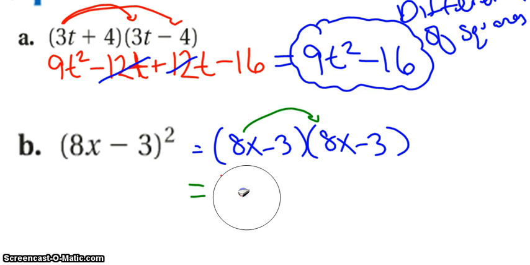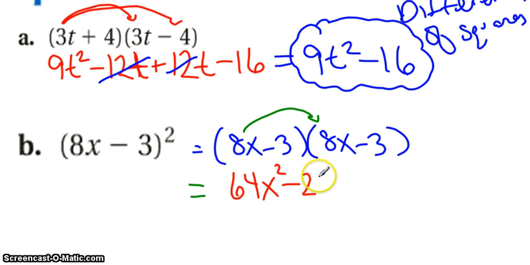Well, you could just go through the motions and multiply it anyway. What you're going to do is you're going to get 64x squared. The middle term will be 2 times the product of 8x times 3. It'll always be like this.